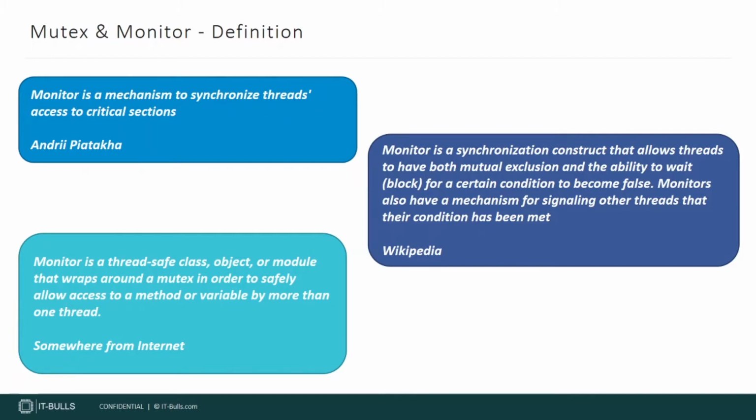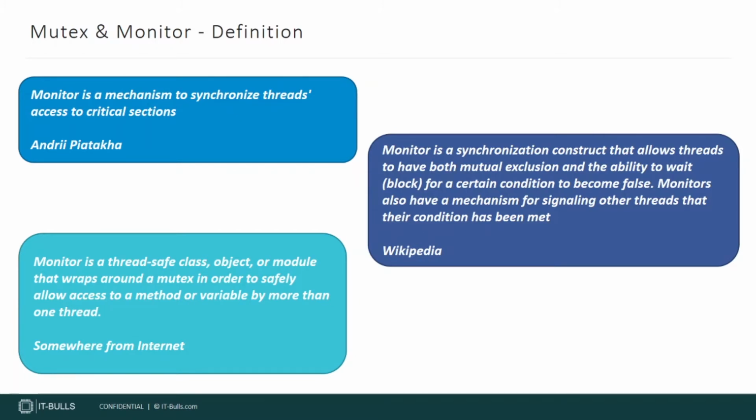A more complex definition from Wikipedia also includes other properties of a monitor, like the ability to allow threads to have both mutual exclusion and the ability to wait for a critical condition. By the way, mutual exclusion is also a term from computer science and describes a property of concurrency control which should prevent a race condition by not allowing any thread to enter the critical section if some other thread is currently executing the code of the critical section.